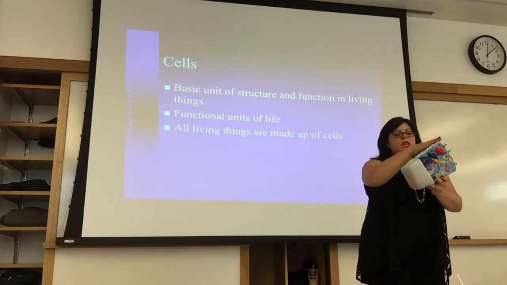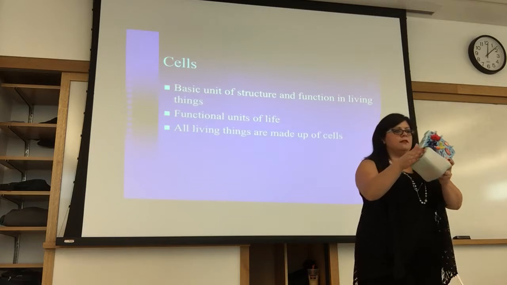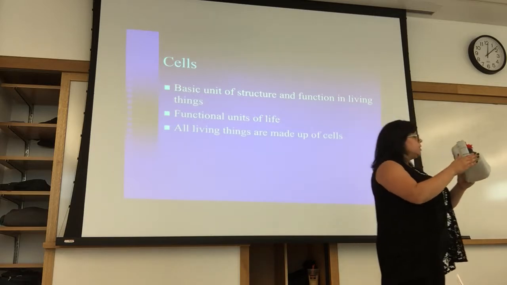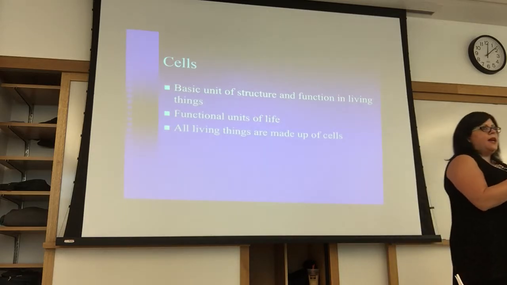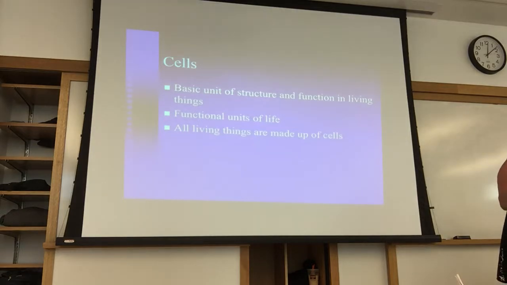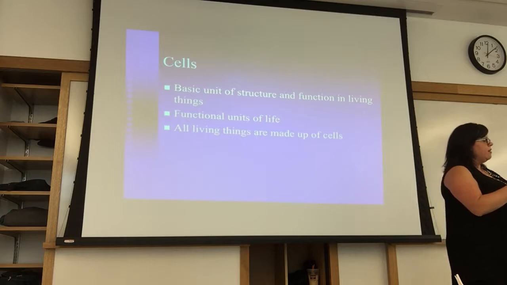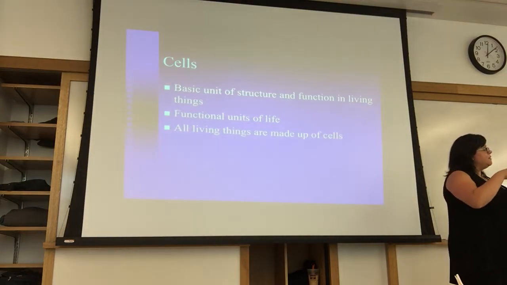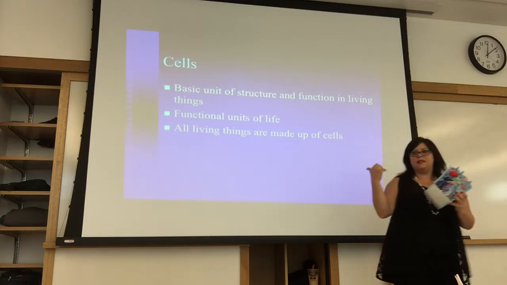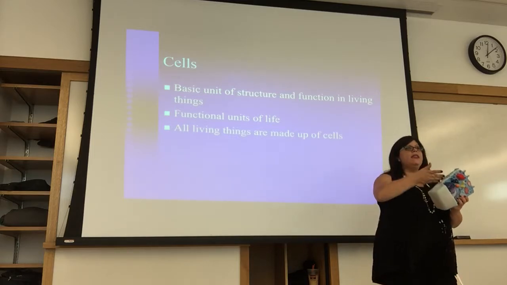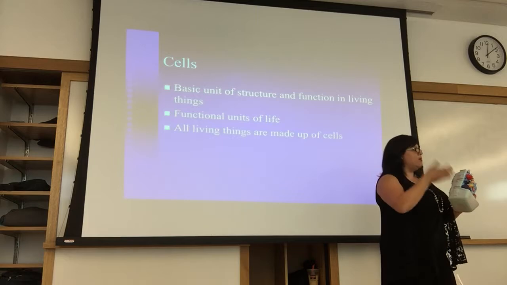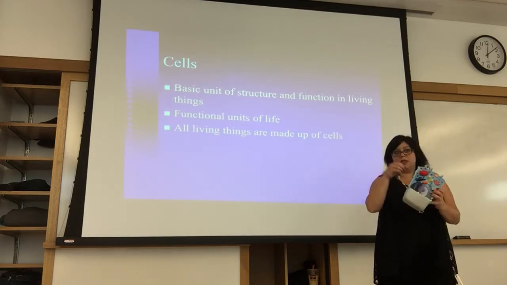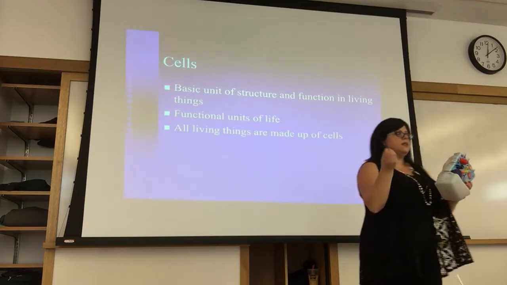Okay, so here's the phospholipid bilayer, this nonpolar covering all the way around the cell. It's a fluid covering because the phospholipids can move within the bilayer. There can be proteins embedded within the phospholipid bilayer. I showed you this last time as well. And it will regulate what comes in and out of the cell. It determines what it's going to allow to enter and what it's going to allow to leave.